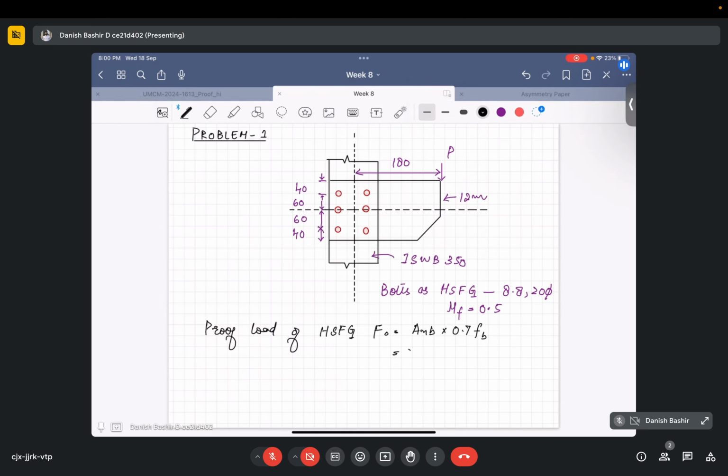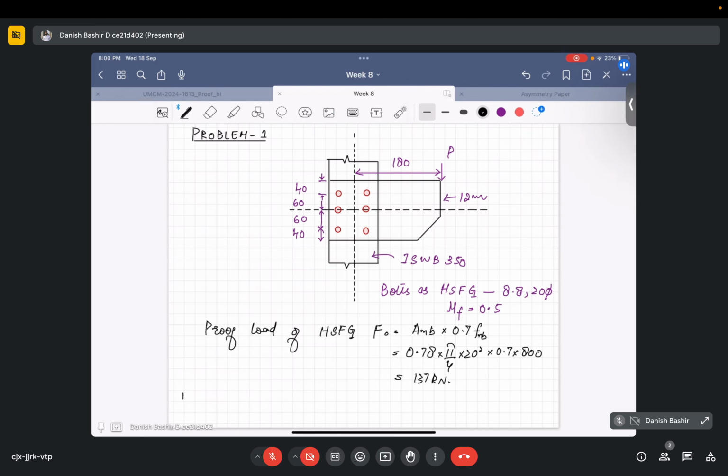An is 0.78 of the gross area, that is pi by 4 into 20 square, the diameter, into 0.7 Fub. We have to take 800 because these are 8.8 grade bolts. So Fub will be 800 megapascal. This is 137 kilonewton coming out.